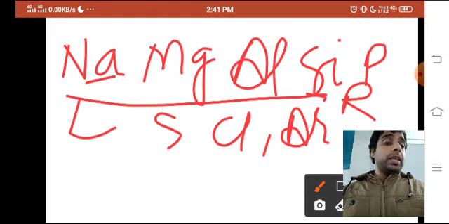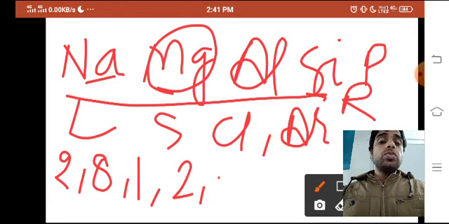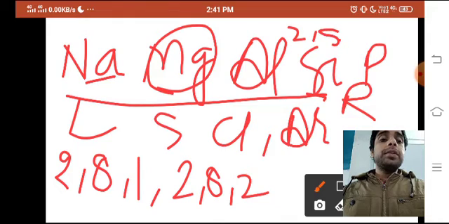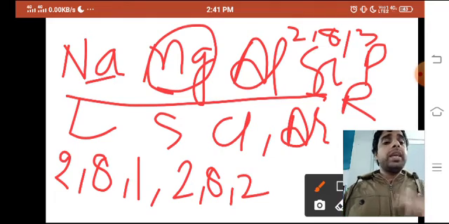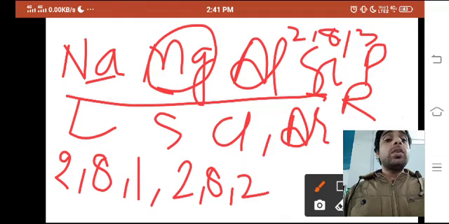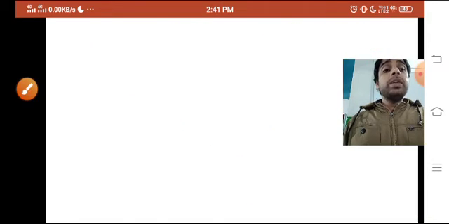So Na has atomic number 11, so electronic configuration 2, 8, 1. Magnesium has electronic configuration 2, 8, 2. Aluminium 2, 8, 3. It means if you write the electronic configuration of any of these elements, you will find that the shell number will remain the same.